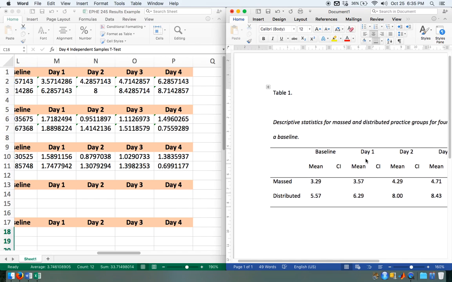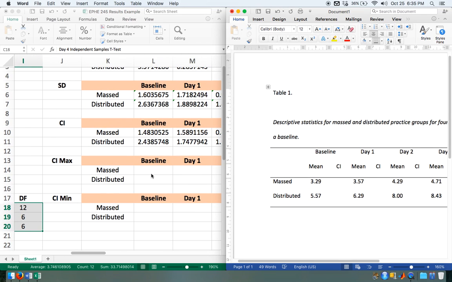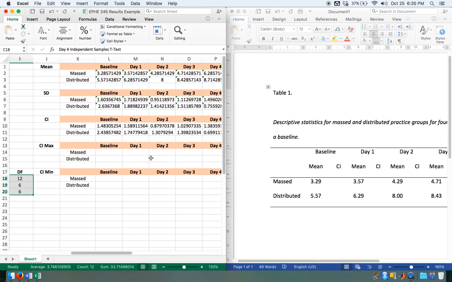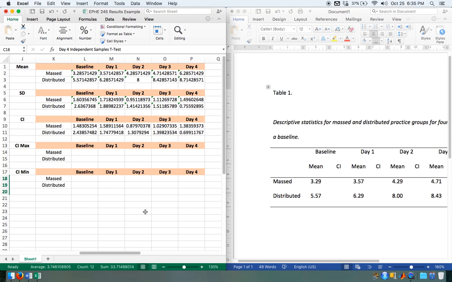6.29. So the next thing we need to do is put the confidence intervals. But what we're going to do is we're actually going to calculate the max and the min. So I haven't actually told you what confidence intervals are yet. And that's okay. I'm not going to get too far into it. But basically, I was talking about populations and samples earlier. So when we have a sample, it's just a proportion of a population.